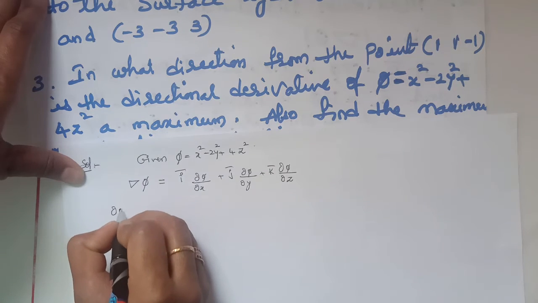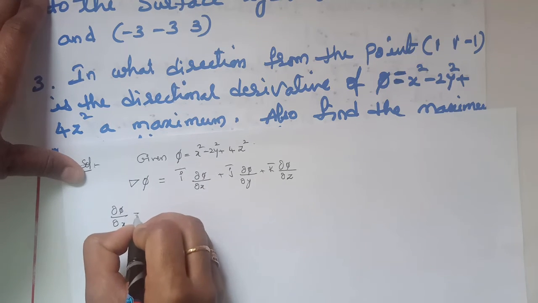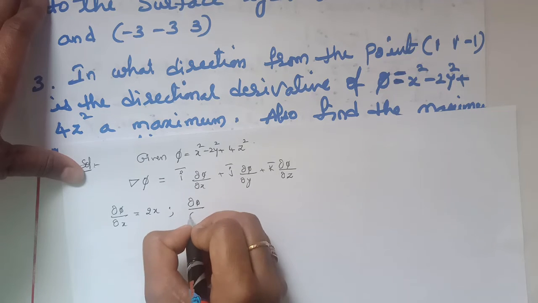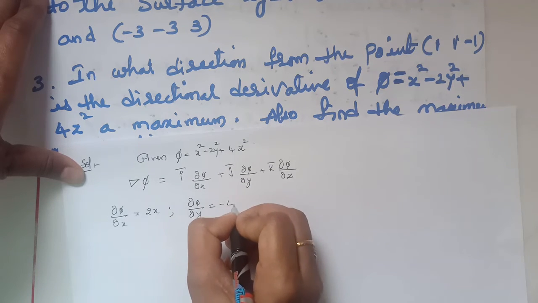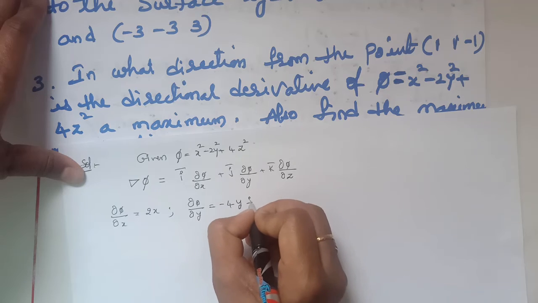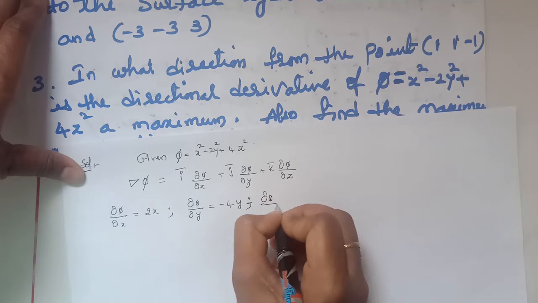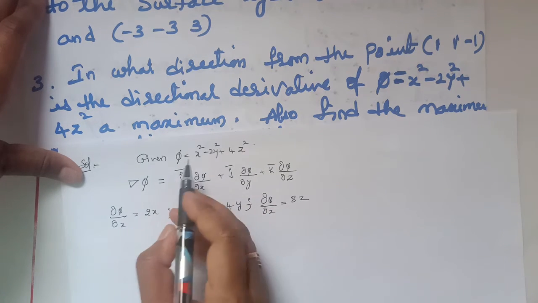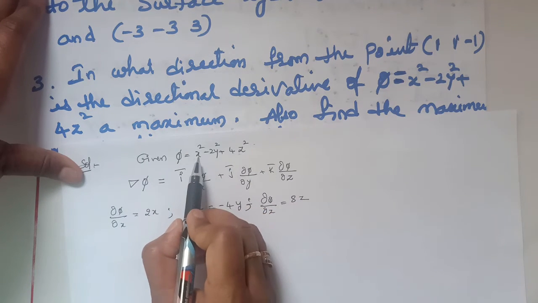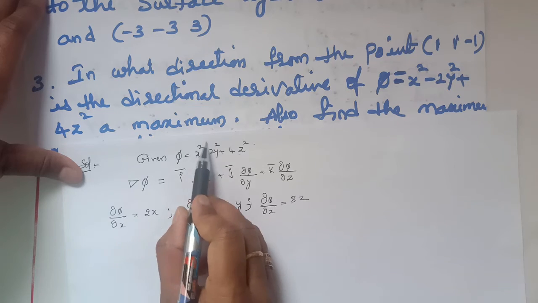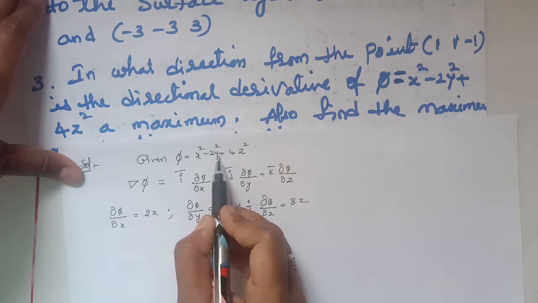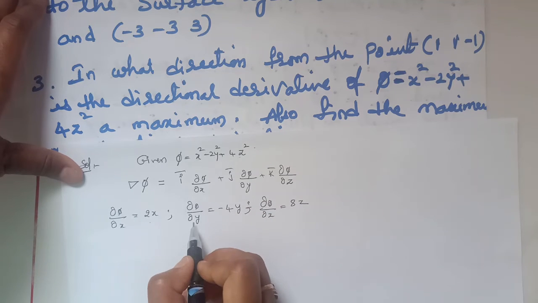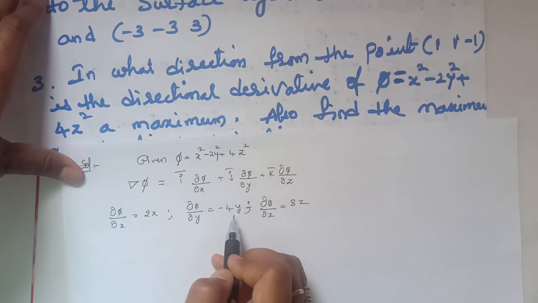This is equal to dou phi by dou x is 2x, dou phi by dou y is minus 4y, dou phi by dou z is 8z. See, this is phi. If I differentiate partially with respect to x, x square differentiation is 2x. In the other two terms there is no x term, therefore we get 0. Dou phi by dou y is minus 4y.